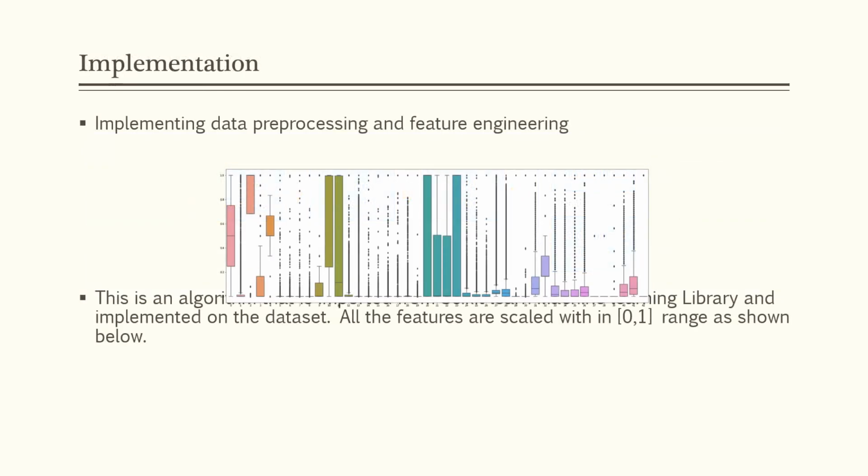Feature engineering is a form of data preprocessing. What's happening here is that we are bringing all features of the data sets into a range. We're using MinMaxScaler, an algorithm imported from the scikit-learn machine learning library. It's going to scale all our data into 0 and 1.